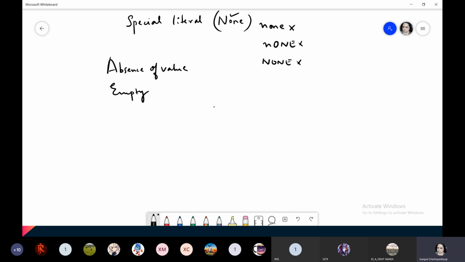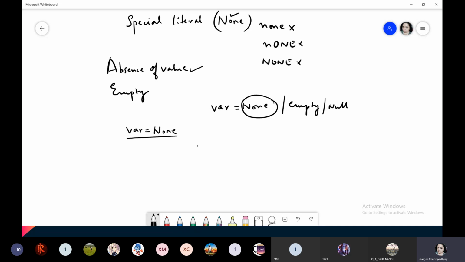If I write a variable var equals None, it means that var doesn't contain any valid value stored in the memory. That is, it is empty, it is null. Understood? So None is a special type of value which shows absence of any value. It is used for specific conditions. Right in the beginning of a program, you want to create a variable and you don't want it to contain any value.